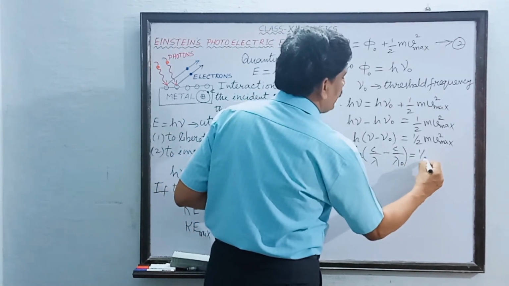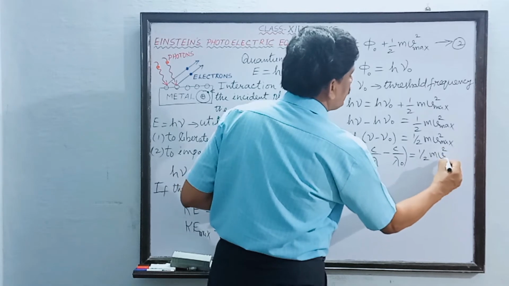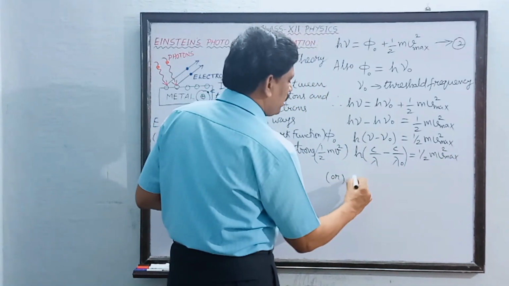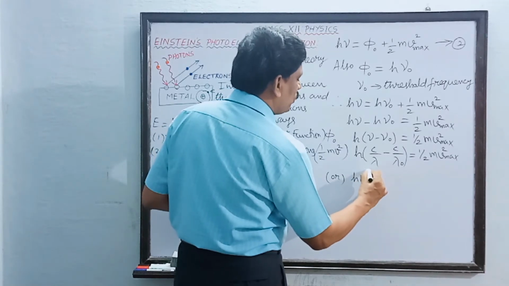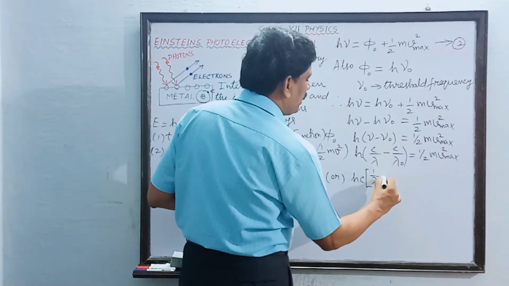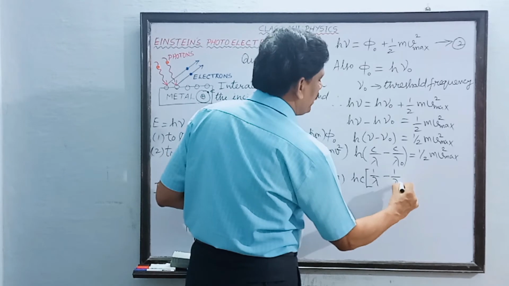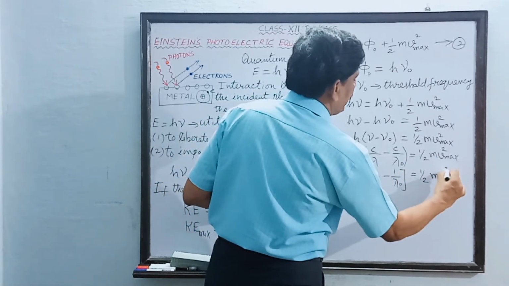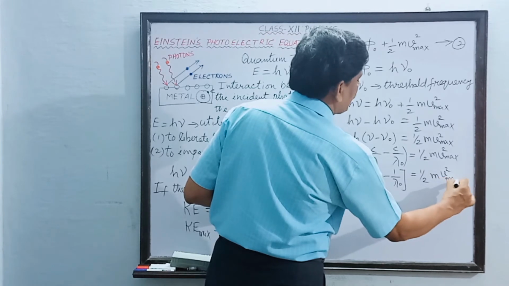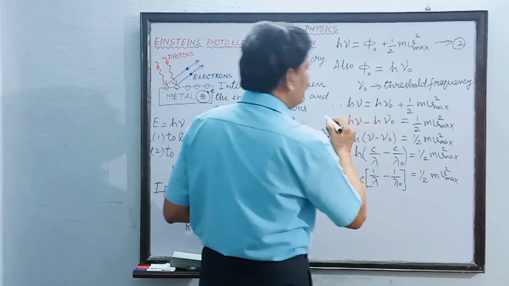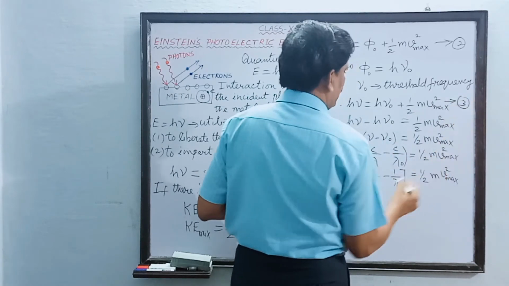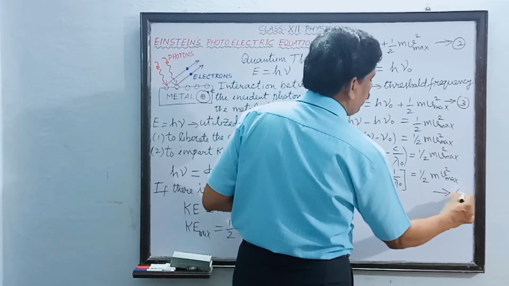So this is equal to half mv² maximum, or hc into (1 by λ minus 1 by λ₀). This is also equal to half mv² maximum. So this is equation 3 I can write, and this is equation 4.